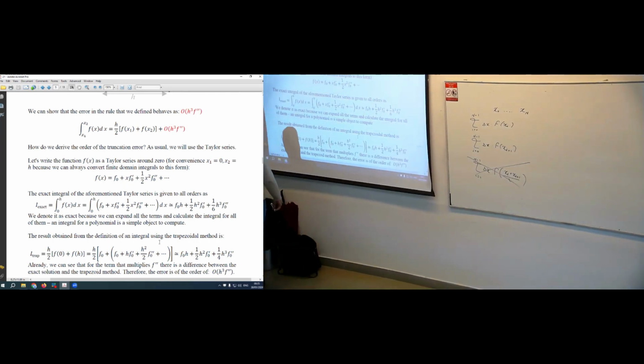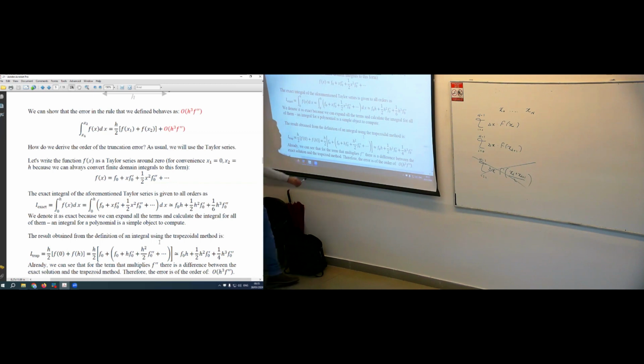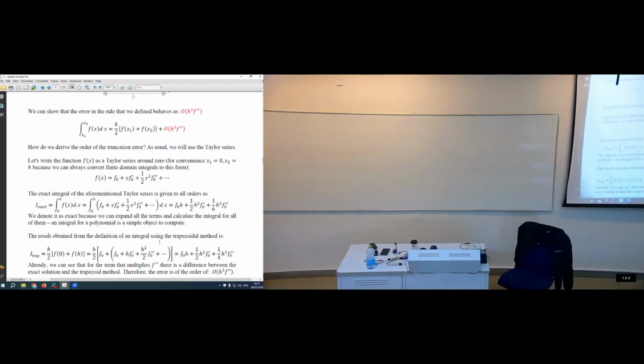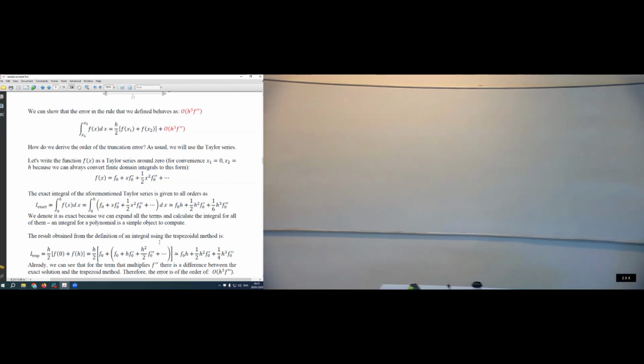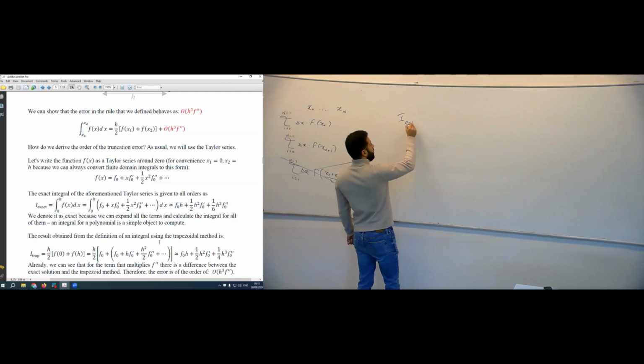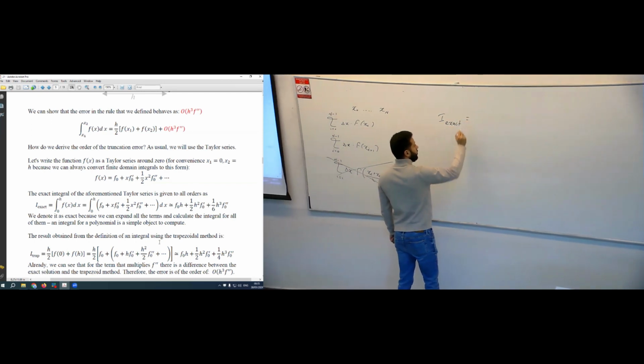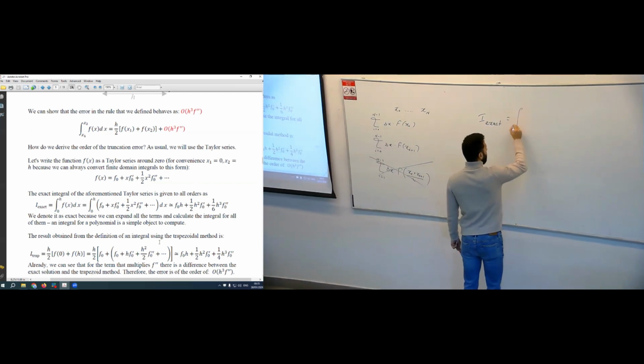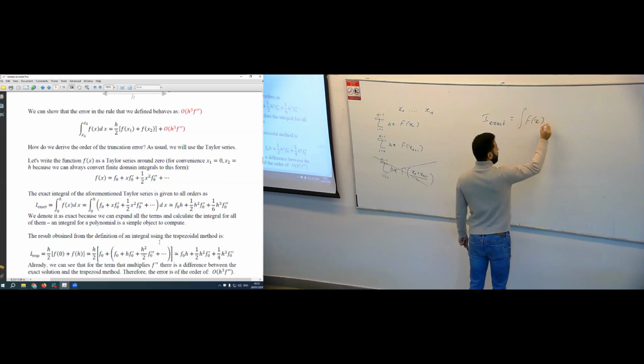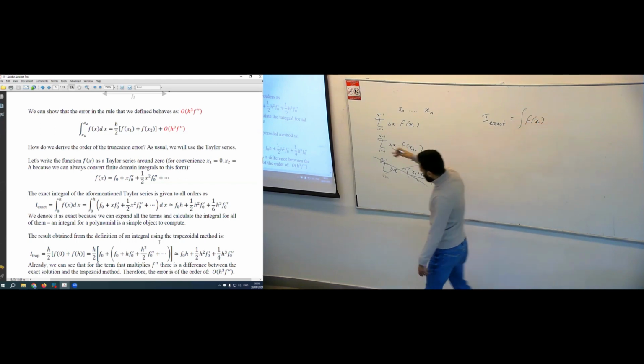Okay, so if we make the permutation here, this will be f prime at some psi which depends on x. So we have, for example, the exact integral, I exact, is the integral of f of x.